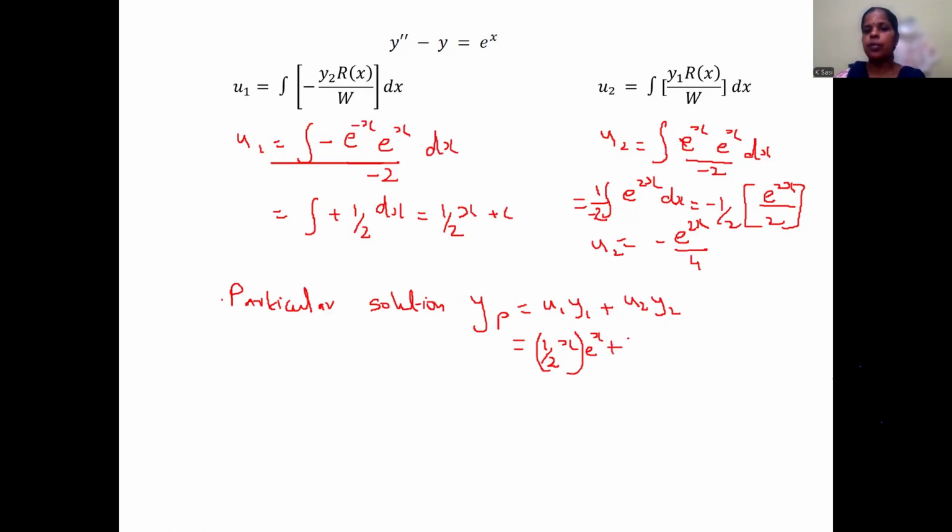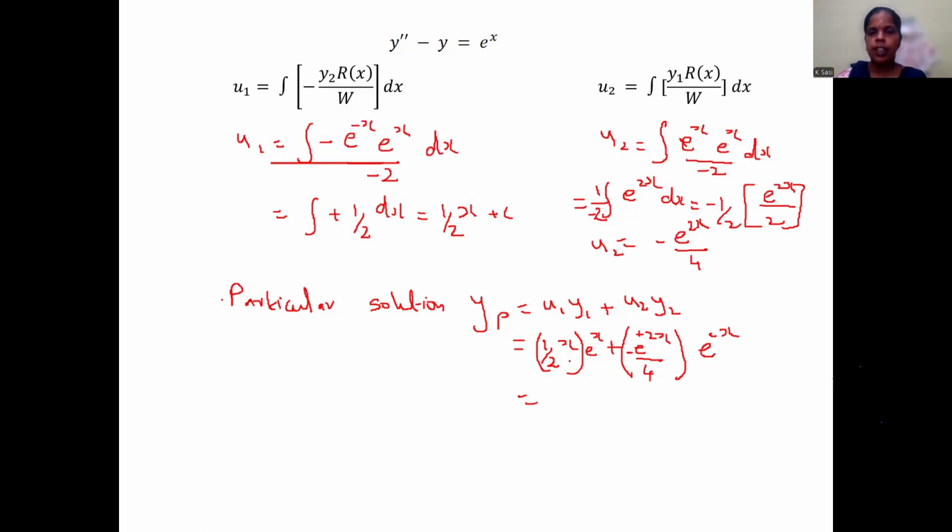And u2 value is minus e power 2x by 4, so I'll write here minus. And y2 value is e power minus x.